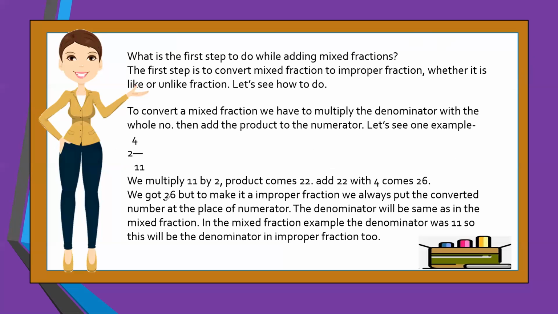The 26 that we got after the conversion goes in the place of the numerator. The denominator will be the same as in the mixed fraction. In the mixed fraction example the denominator was 11, so this will be the denominator in the improper fraction too. So that is 26 by 11.